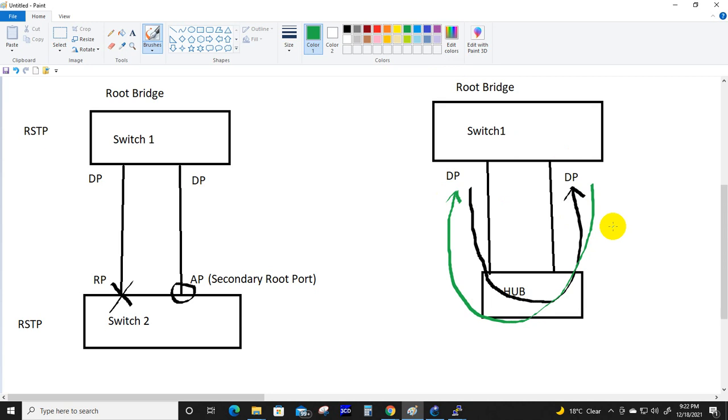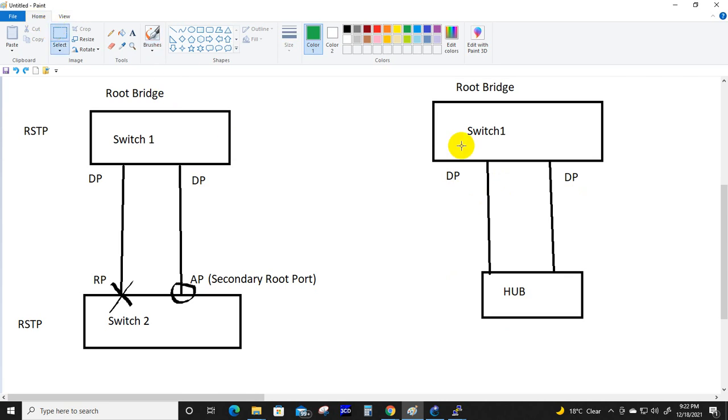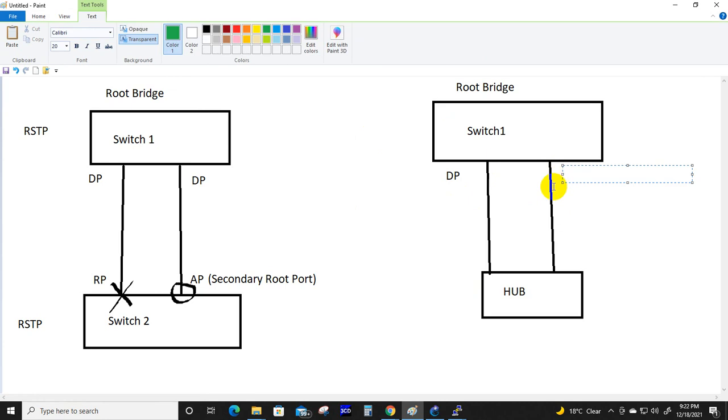In such scenarios, out of these two ports, one port will be the backup port. And we know what a backup port is.